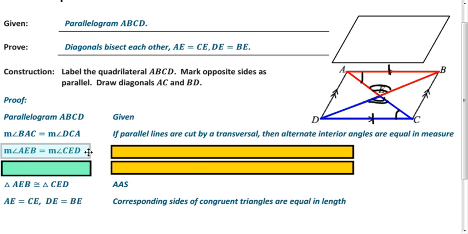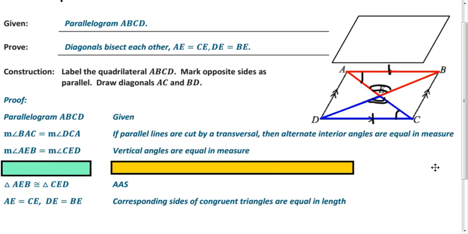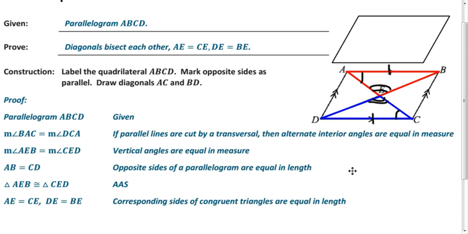And we also have those vertical angles that are congruent. And we have our pair of opposite sides that are the same length. So we have angle, angle, side. Therefore, our corresponding parts are congruent. And that shows that the diagonals bisect each other.